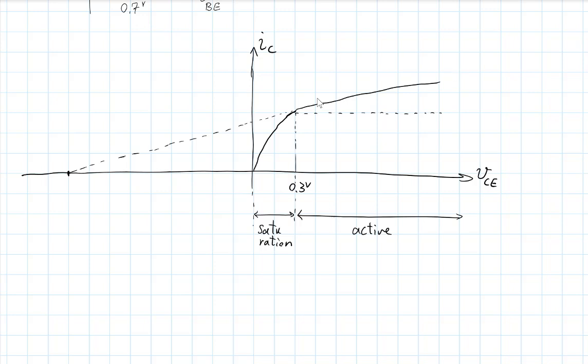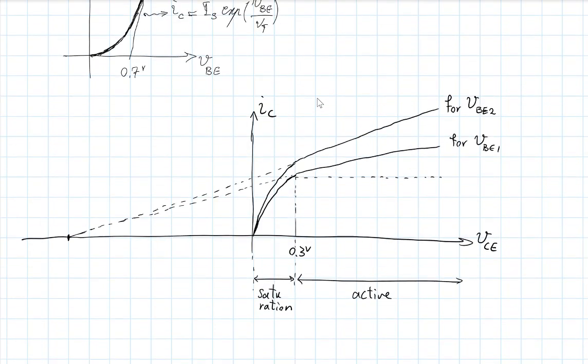Let's call it VBE1, for instance. If I increase VBE to VBE2, it will be like this. And again, this is an exaggerated view to show the slope, and it will hit the same point. Okay, and you can keep increasing VBE. So this is the direction of increase of VBE.